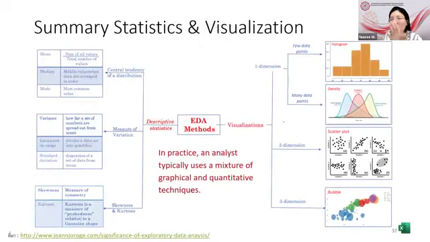So exploratory data analysis methods are twofold. We can use summary statistics, also called descriptive statistics, which are usually quantifiable, right? Or we can use visualizations. In practice, an analyst typically uses a mix of both, both descriptive statistics and visualization. Okay.